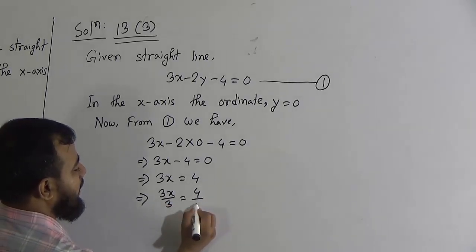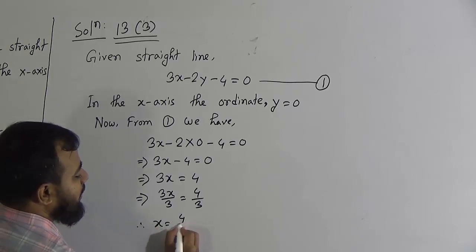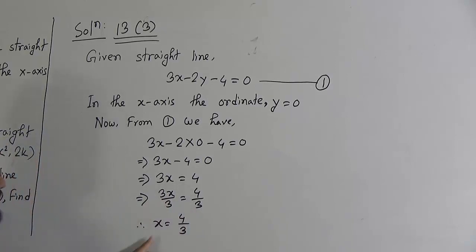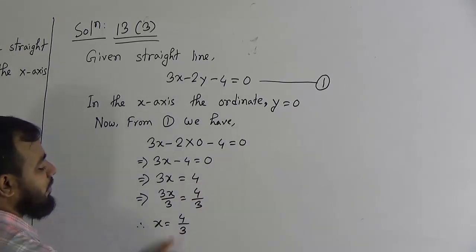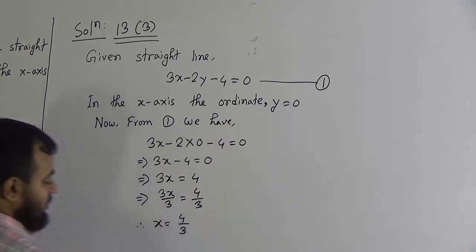We will get x equal to 4 by 3, because the 3 in numerator and denominator will cancel. So we have found that if y equal to 0, then x equal to 4 by 3. So our point on the x-axis will be 4 by 3 comma 0.